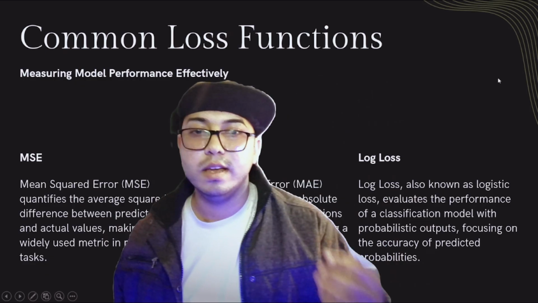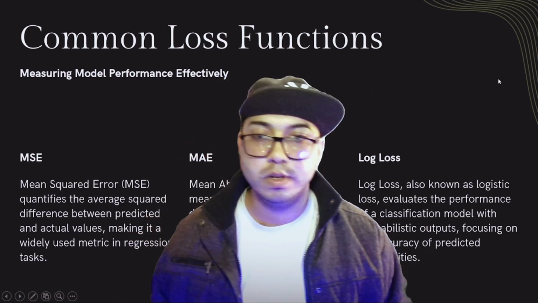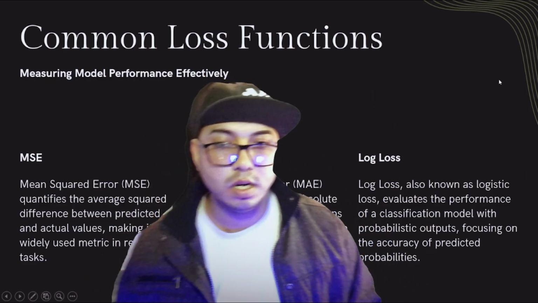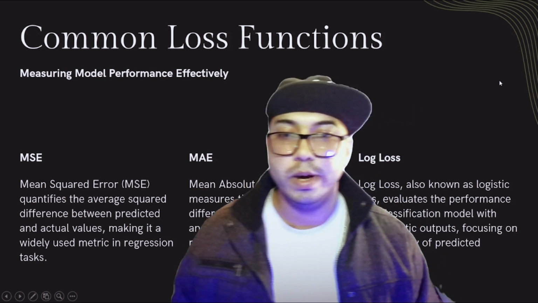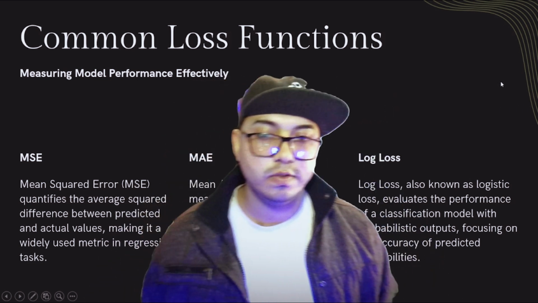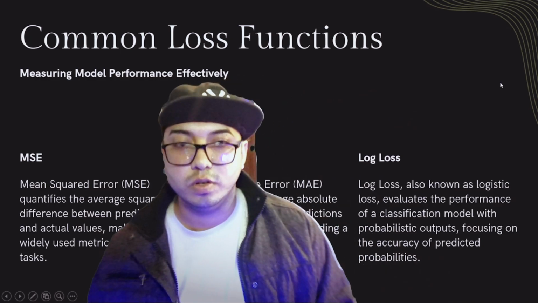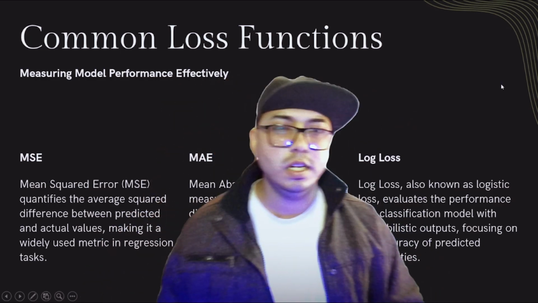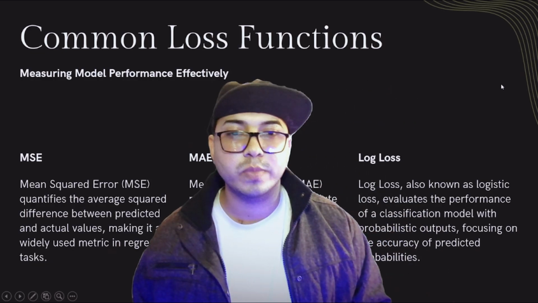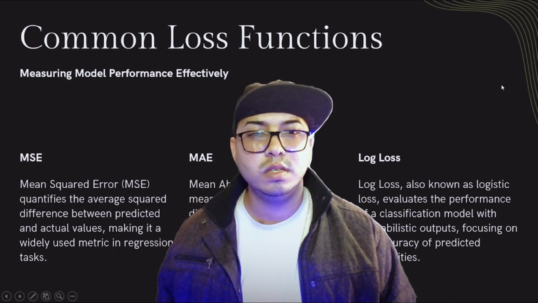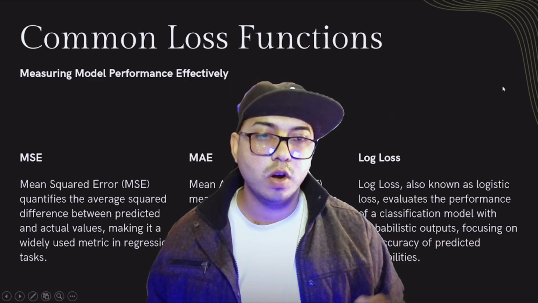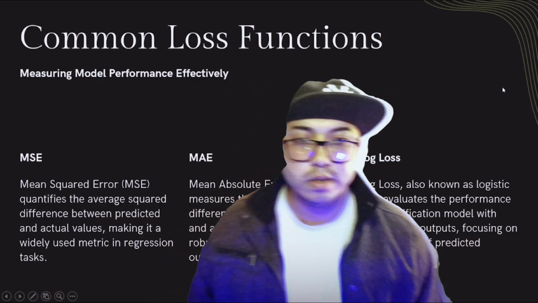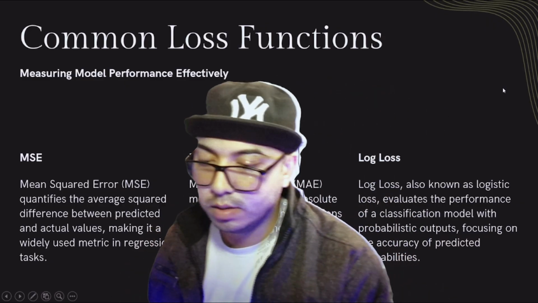It measures the average absolute difference between predictions and actual outcomes, providing a robust metric less sensitive to outliers than MSE. Log loss, also called logistic loss, evaluates the performance of a classification model with probabilistic outputs, focusing on the accuracy of predicted probabilities.